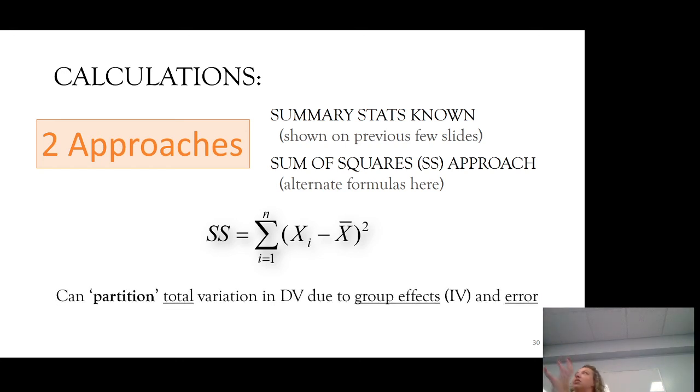So the sum of squares total is how much variation there is in all of our data just lumped together. And we're going to partition, or divide, that variation into the part that is explained and the part that is unexplained, or the part that's between the groups versus within the groups.